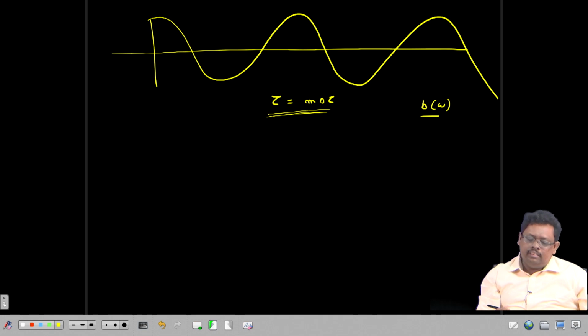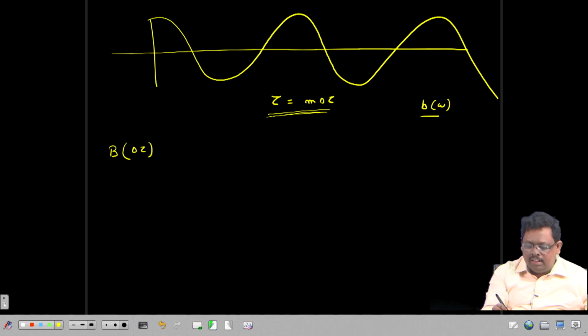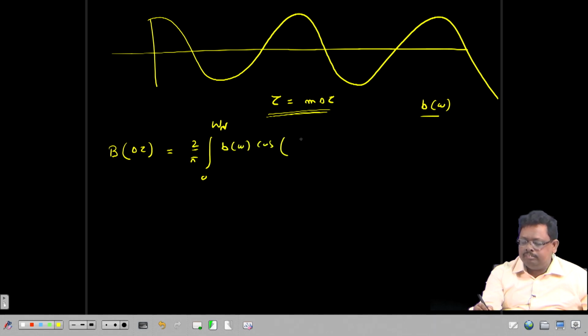So, if I now try to calculate from this equation using the trapezoidal rule, then here it is b delta tau equal to 2 by pi into integral 0 to omega n, and then we have b omega into cos of omega into m delta tau into d tau.